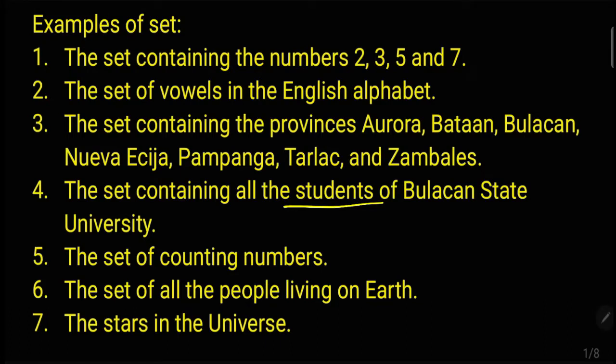Again, it's properly identified. Every person living on earth belongs to this set. Number 7, the stars in the universe. A very important thing to notice is that for you to consider a set, you must be able to properly identify the objects that belong to this set.